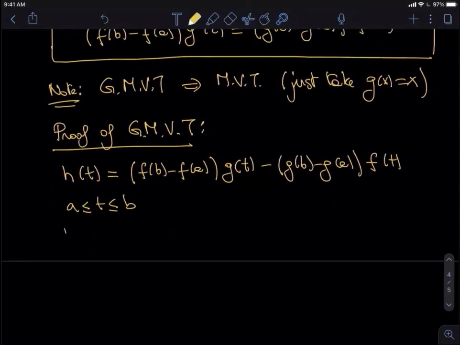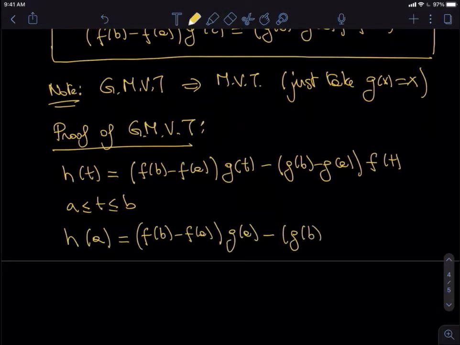Now, one more thing that we need to notice is that h of a equals (f(b) minus f(a)) times g of a minus (g(b) minus g(a)) times f of a.